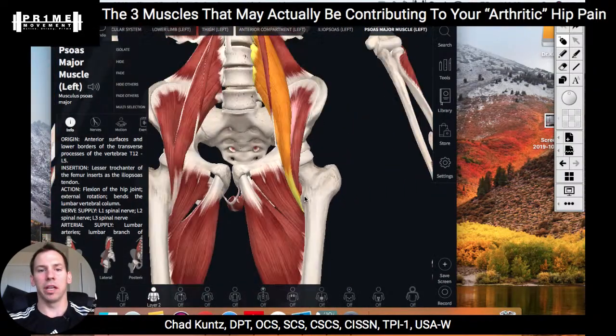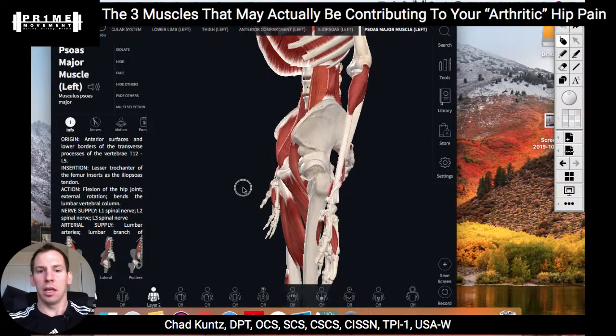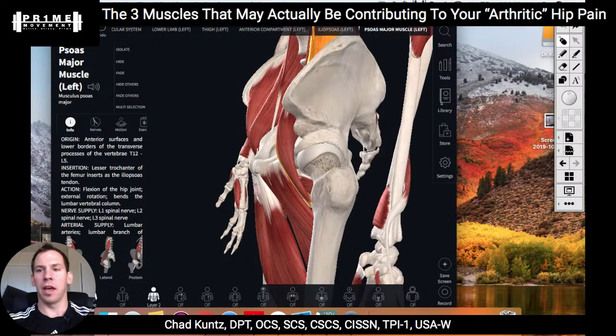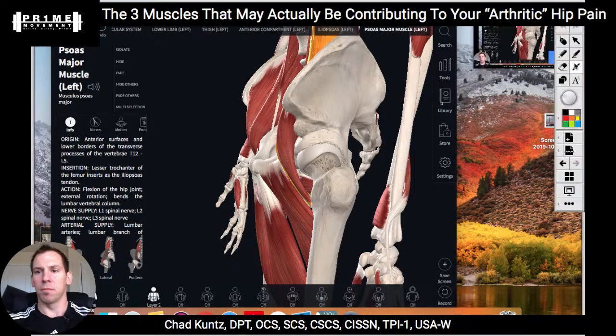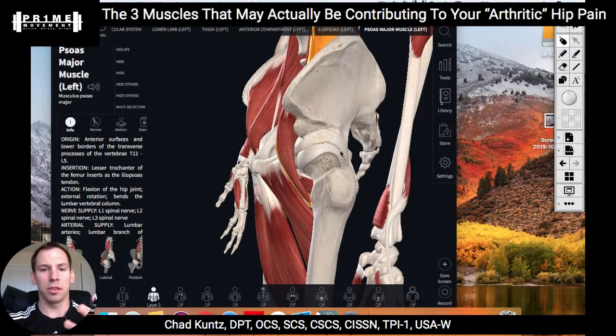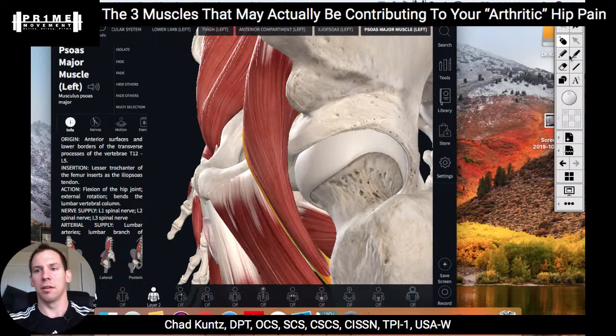When that muscle gets tight, it will have a force on that hip joint where it'll actually pull it forwards.